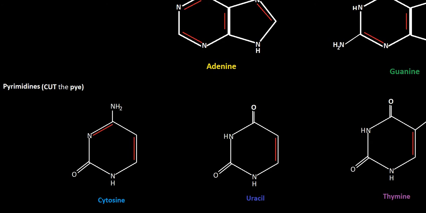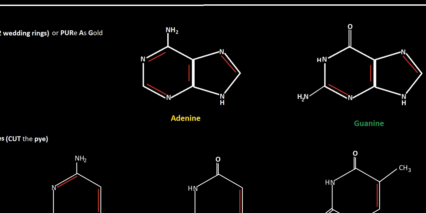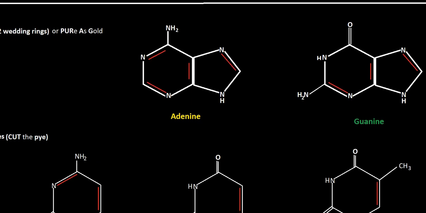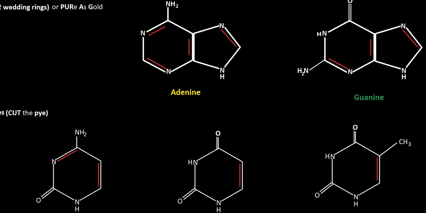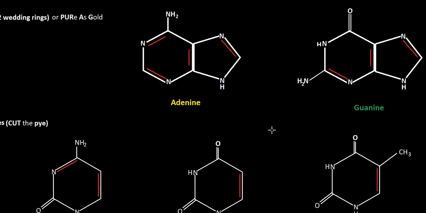Now you need to know the difference in structures for the MCAT. So the way I remember it is by looking at the carbonyl groups in all of their structures. Adenine has no carbonyl groups. Guanine has a carbonyl group right here.